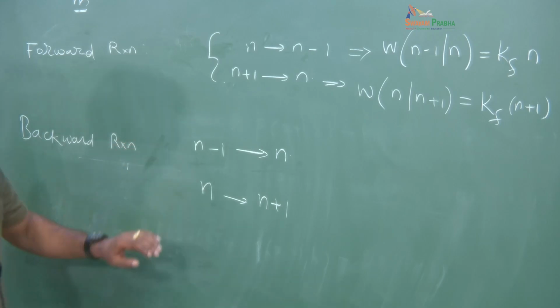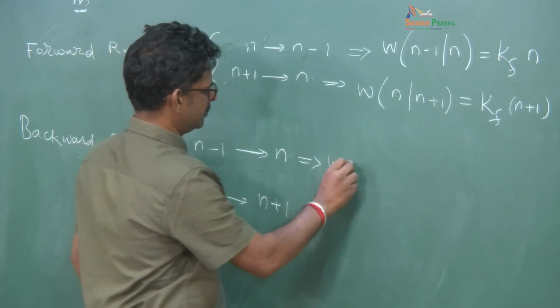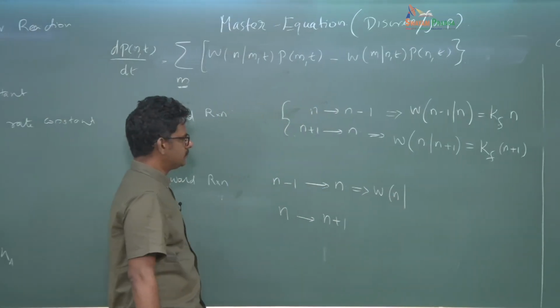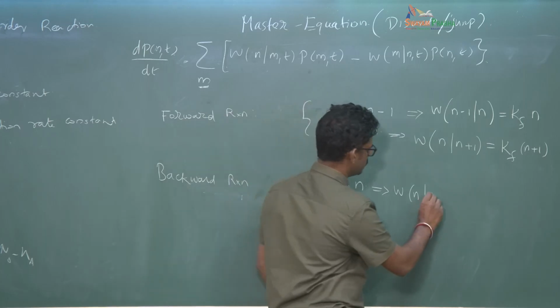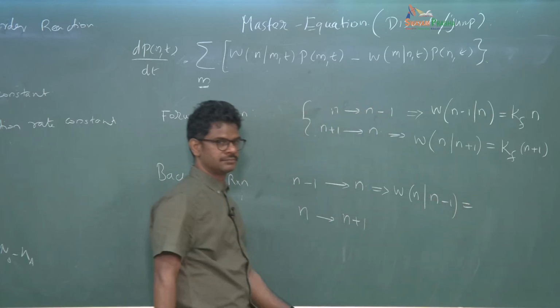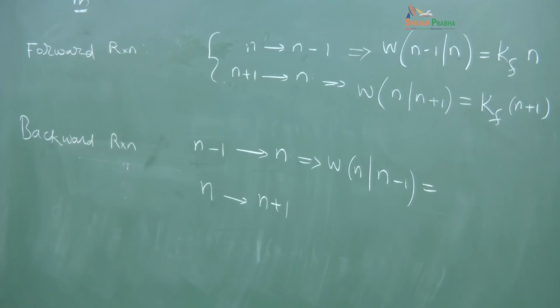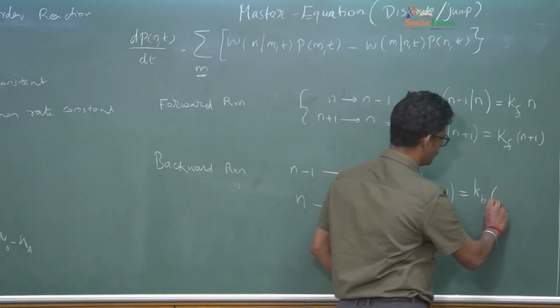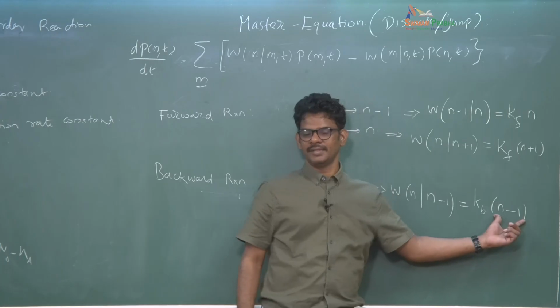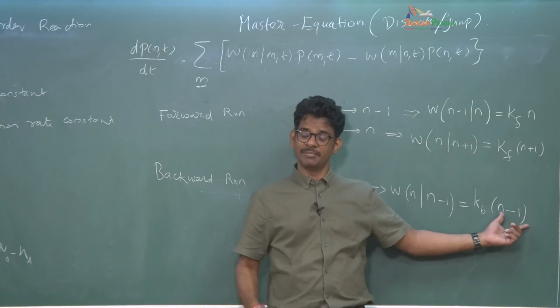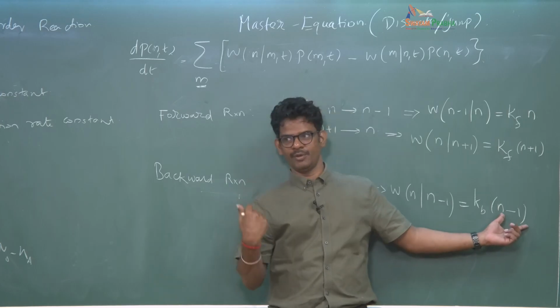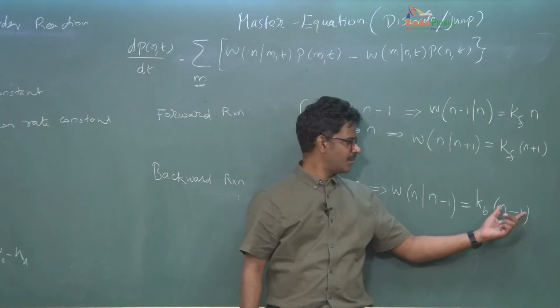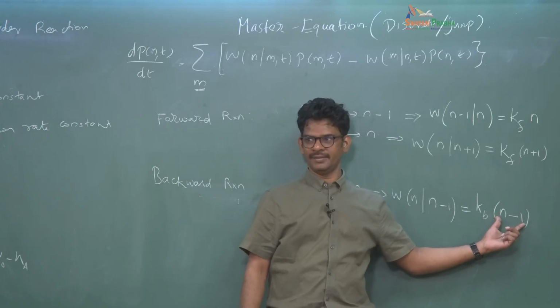Now here we are talking about the backward reaction. W n, n minus 1, what would this be? Kb, the rate constant is correct, and you are saying n minus 1. What is n minus 1? n minus 1 is the number of molecules of A. Does the backward reaction depend on the number of A molecules or the number of B molecules? The number of B molecules. So if the number of molecules of A is n minus 1, what would be Nb?